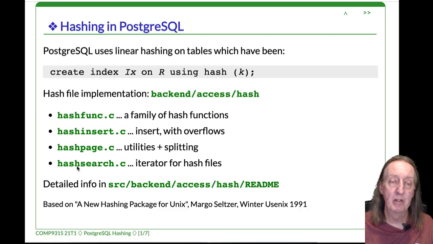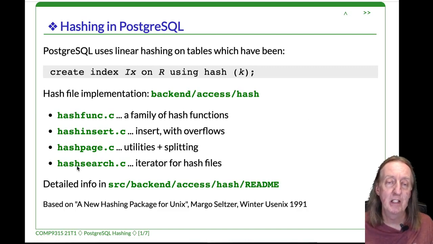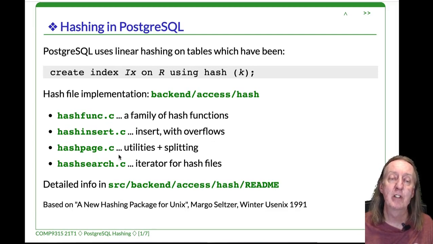Alright, the implementation lives in that directory. There's a number of .c files that contain interesting things. So for example, there's a whole bunch of different hash functions that are specialized for different data types. There's the function that handles insertion, including overflows. There's a source file that handles various utilities and the splitting process.